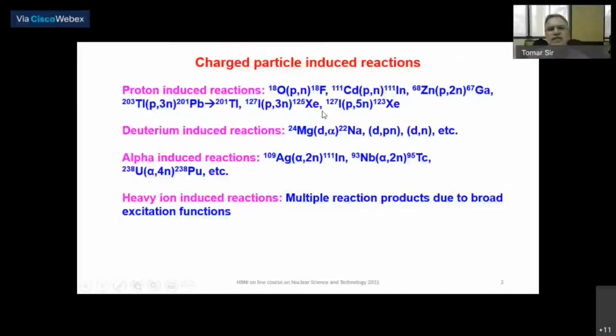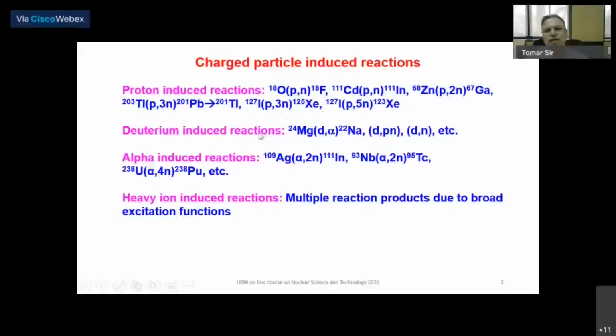There are many other cases. In fact, the purpose of this lecture is that if you want to produce a particular isotope, you will be able to decide which reaction is most suitable for producing it.